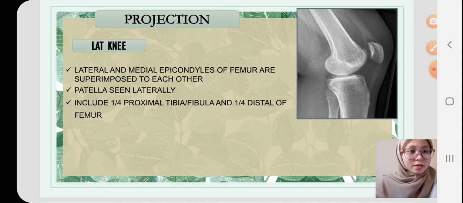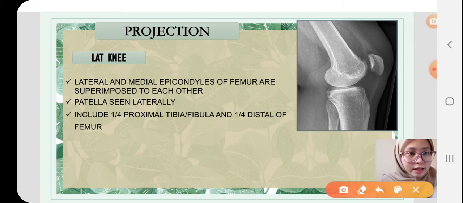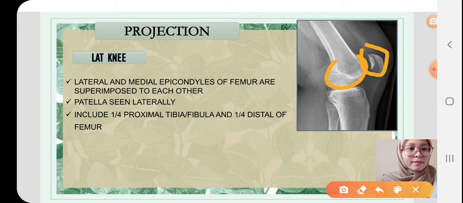This is the line of the anterior and posterior. The lateral and medial epicondyles of the femur are superimposed with each other, and the patella is seen laterally.